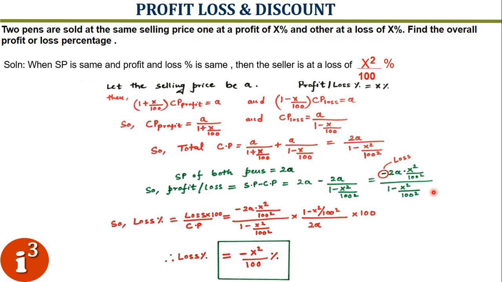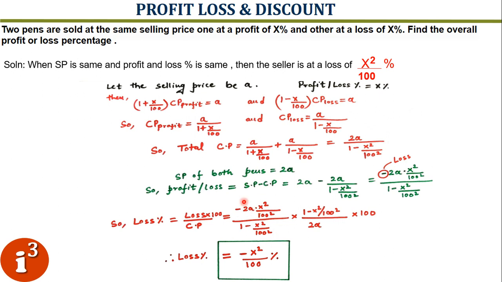So this is the loss amount, and this is the cost price of both the pens. So what will be the loss percentage? Loss amount by cost price into 100. The loss amount divided by the cost price, where the cost price is 2a by 1 minus x square by 100 square, which we have taken upwards.